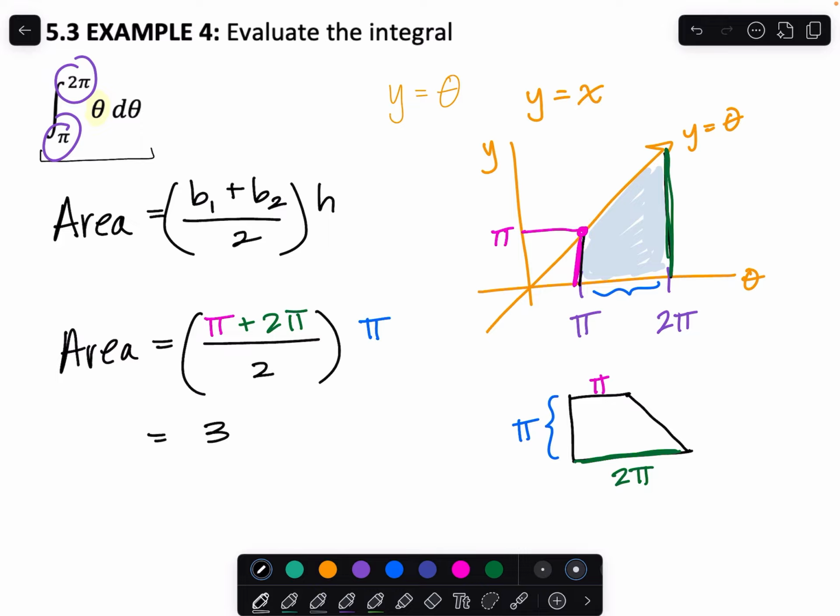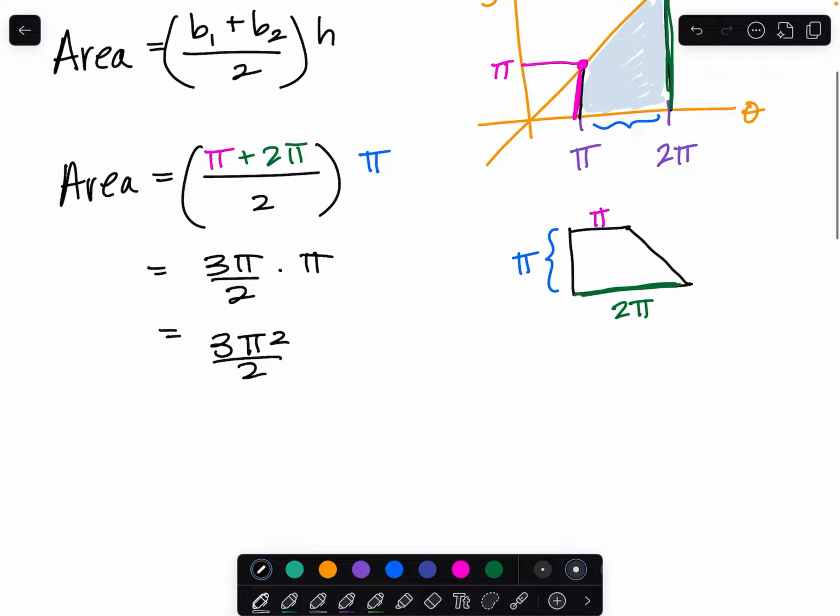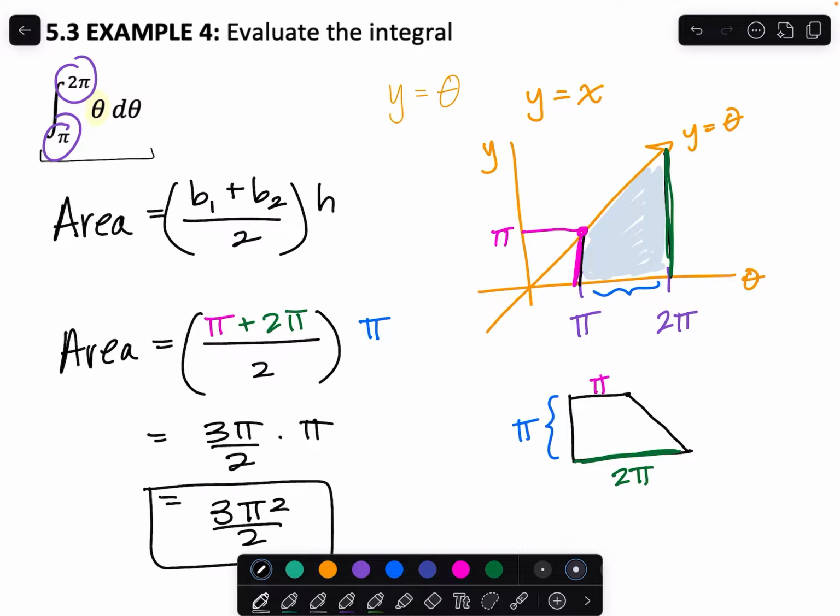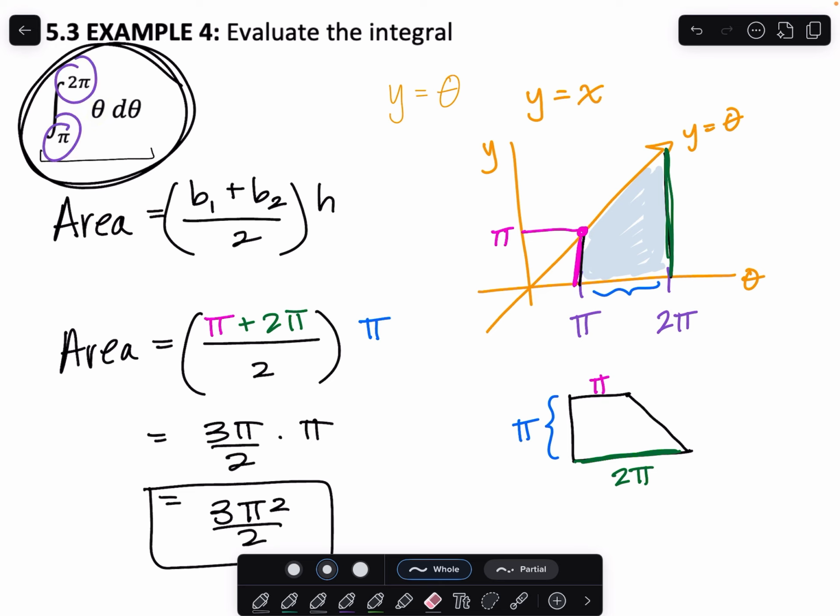So that is 3 pi over 2 times pi, or 3 pi squared over 2. That is the area under the curve. That is what this definite integral represents. It tells me that area.